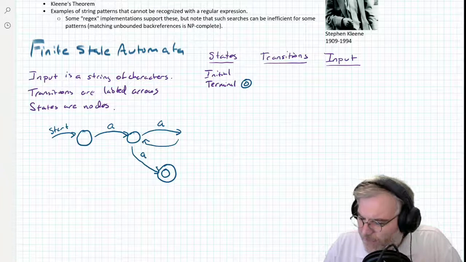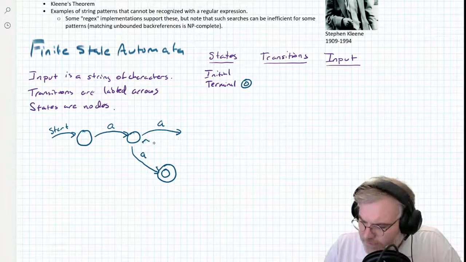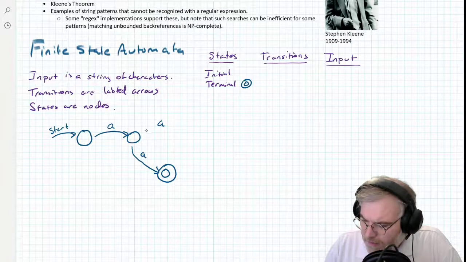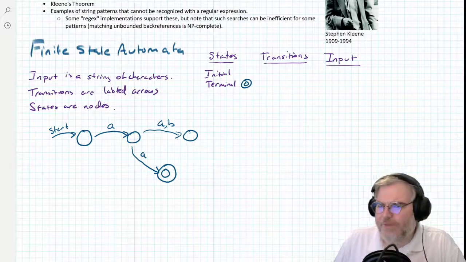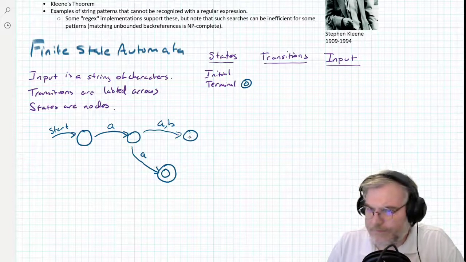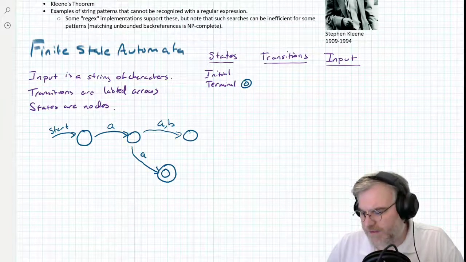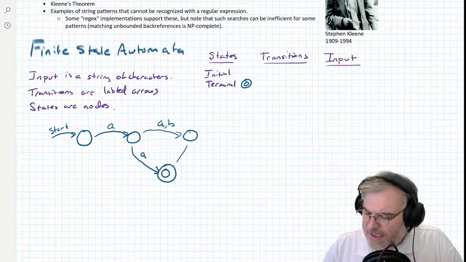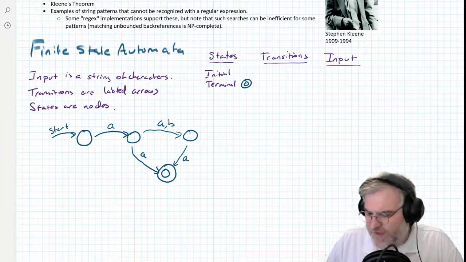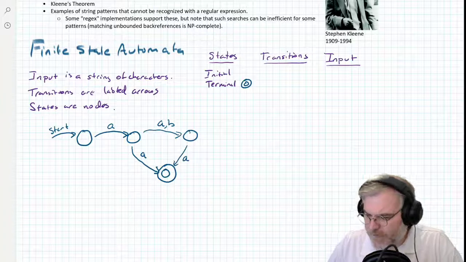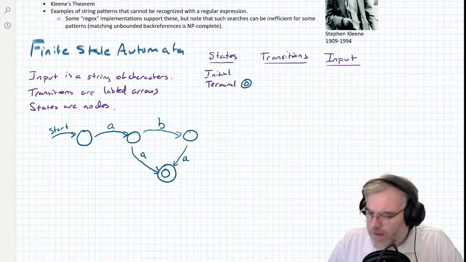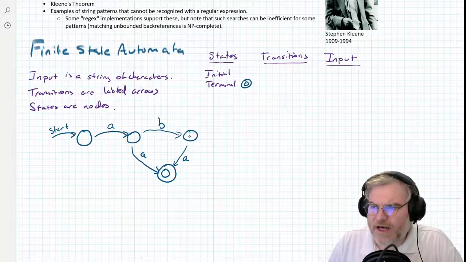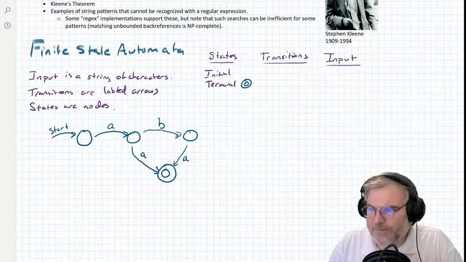And if I get a letter B, I'm going to go to this state. So if I get a letter A or a letter B, I'm going to go to this state here, which is not a terminal state. Now, if I'm at this state and I get a letter A, I go to the terminal state. Oops, I'm sorry. This should be a B. So if I go from here to here, if I get a B, I go here.